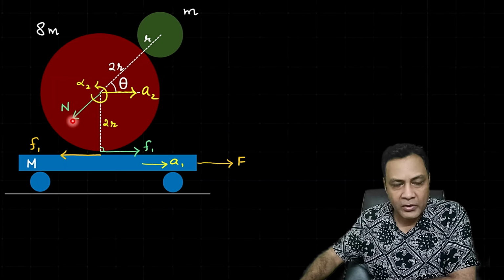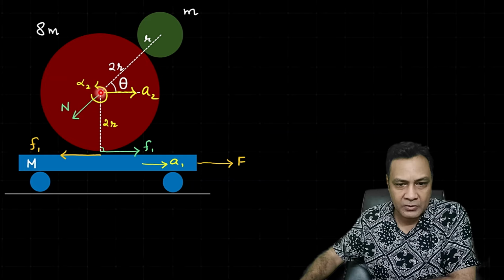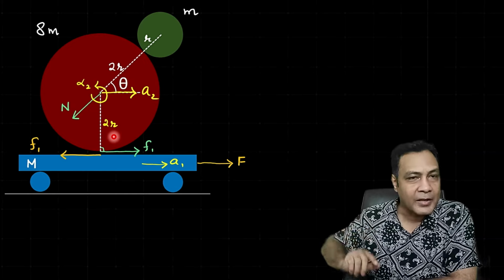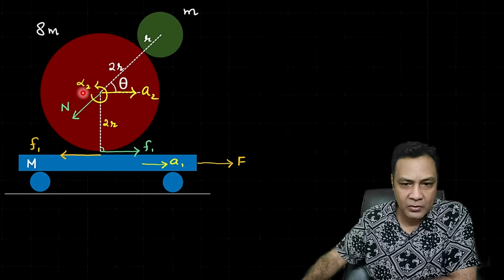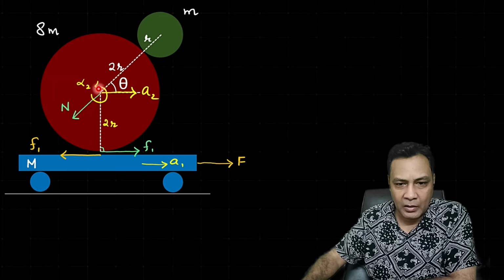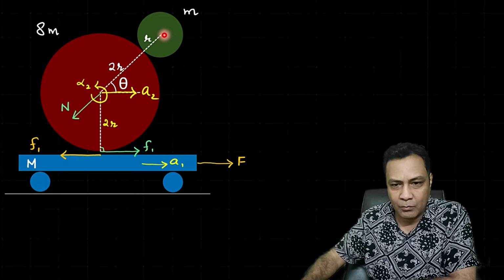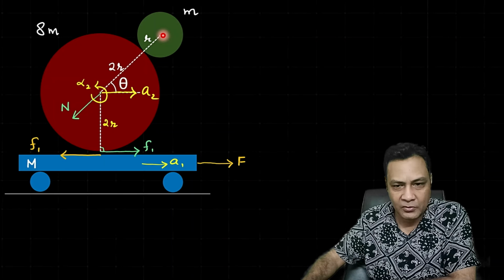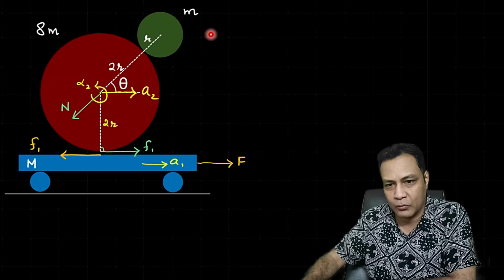And N will not give any torque, its line is passing through the center of mass. f1 will give torque in the anti-clockwise direction. So because of that f1, there will be an angular acceleration alpha 2. And the acceleration of the center of the smaller mass will also be a2.